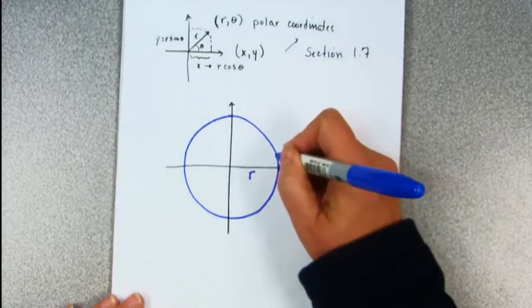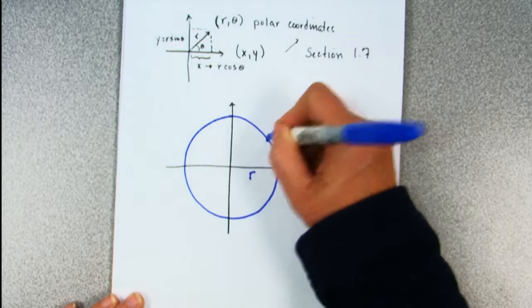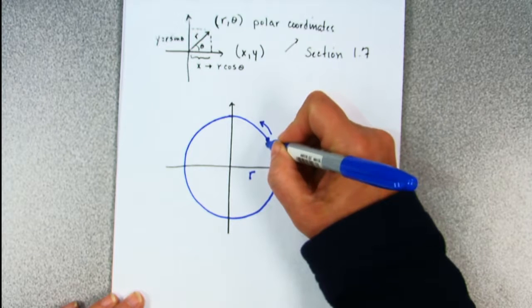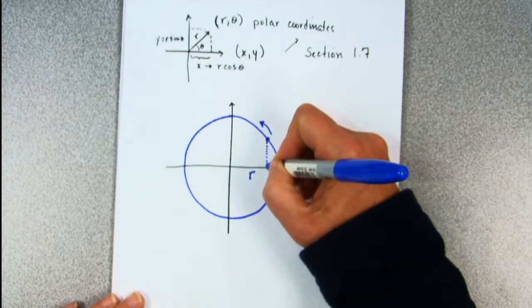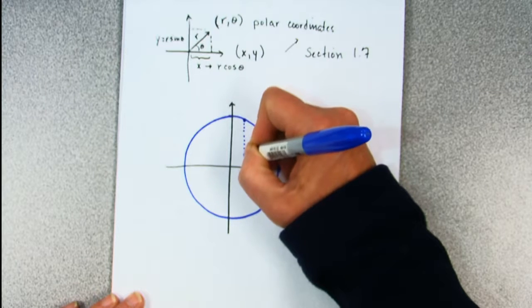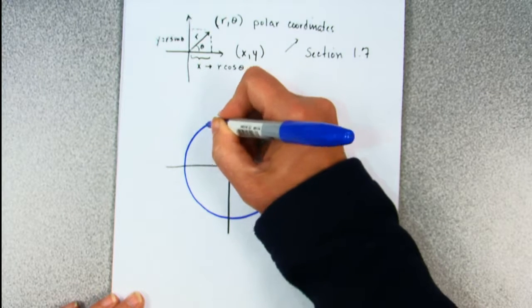If I'm traveling along this circle, following a spot on the circle, I want you to look at what happens on the x-axis as I'm moving around the circle.